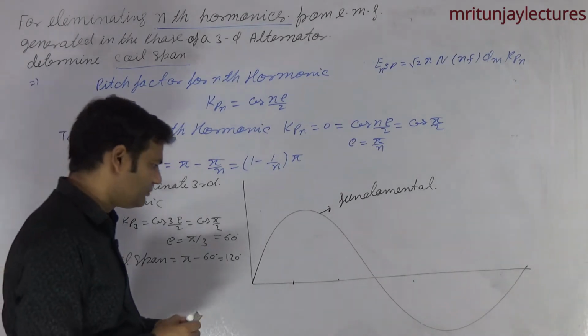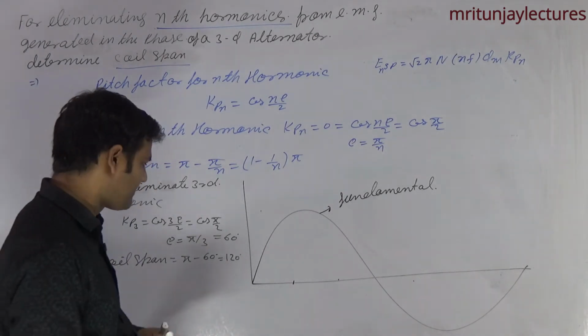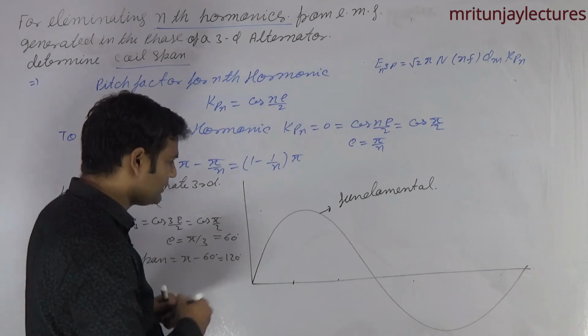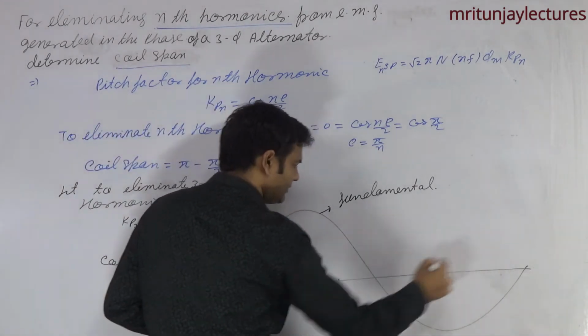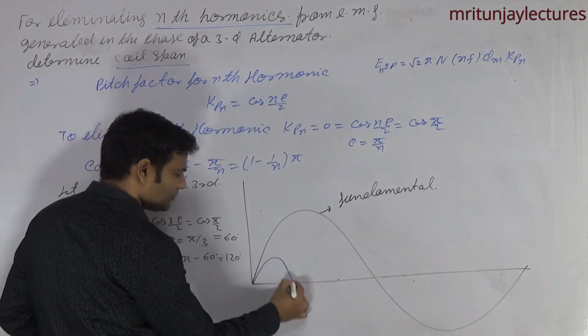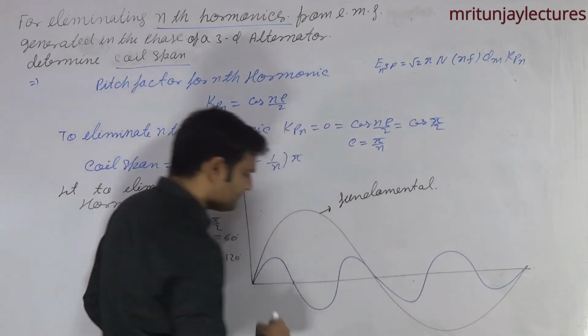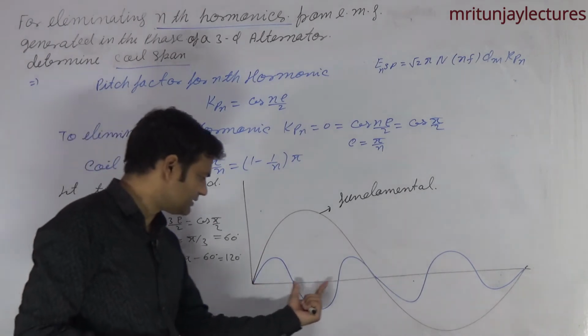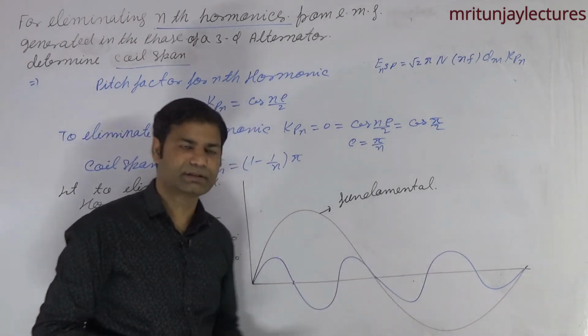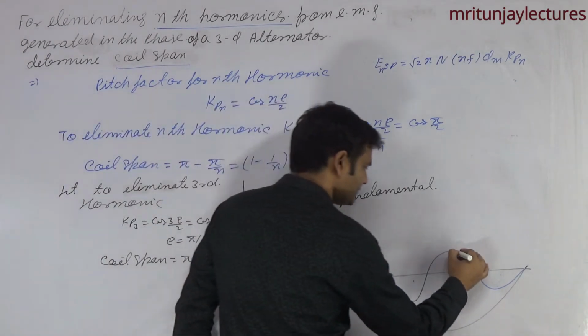Okay, what is the physical significance? First of all, what about the third harmonic? If this is the fundamental, what about the third harmonic? The third harmonic is like this: 60, 60, 60, 60, 60, 60. This is the third harmonic.